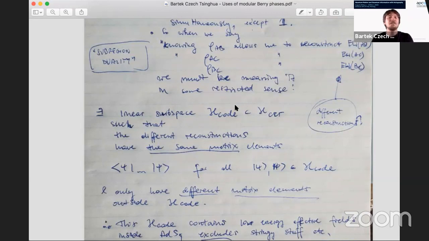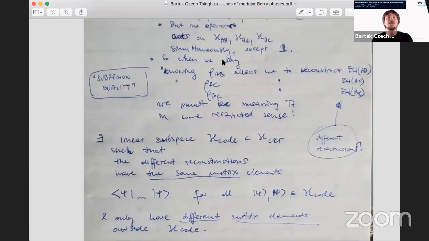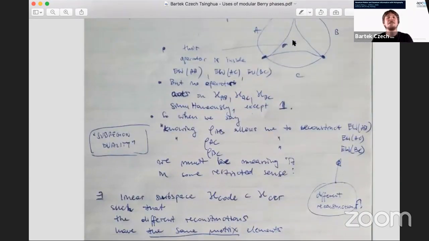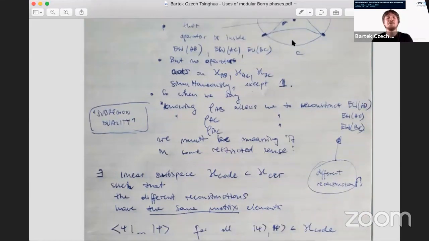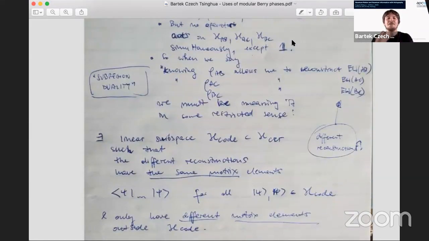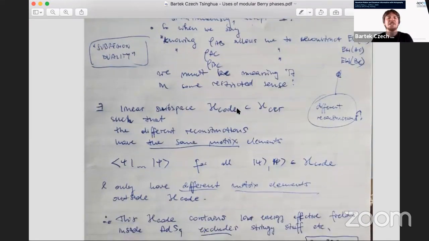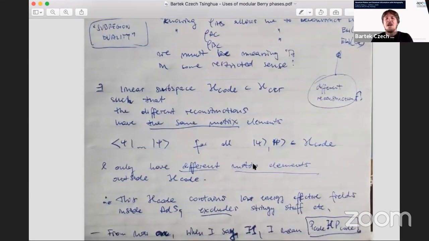Whereas on states that don't live in the code subspace, the different putative reconstructions of the operator here will have different expectation values, and that's okay. They're only supposed to give me the correct and consistent description when I restrict my attention to this special space, which is a code subspace.